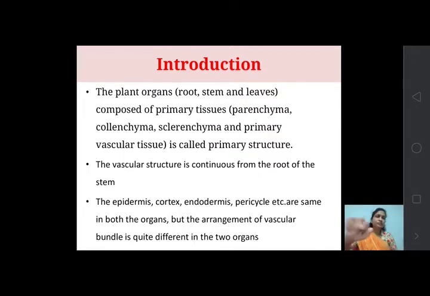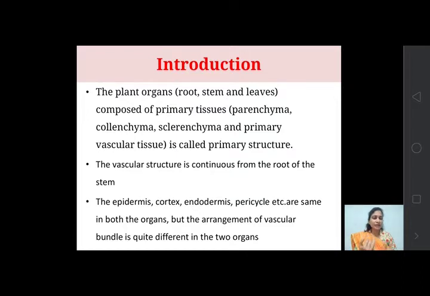So these plant organs, that is root, stem and leaves, are the firstly formed plant organs: first the root, then the shoot, and on the shoot arise the leaves. These plant organs are composed of primary tissues, that is simple and complex tissues.